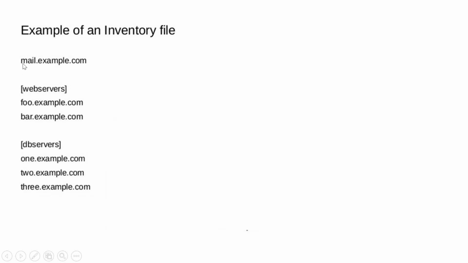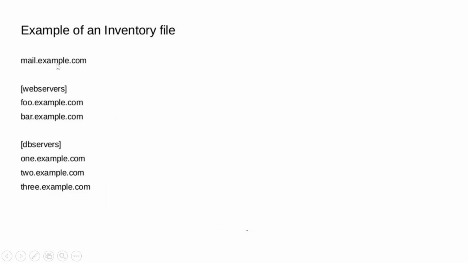Assume mail.example is another IP address or domain name, which does not belong to any section. So what happens? Suppose in the playbook I say install Java on the servers which belong to section web servers, then Java will be installed on these two machines, and Java will also be installed on this machine as well, because this machine does not belong to any group.